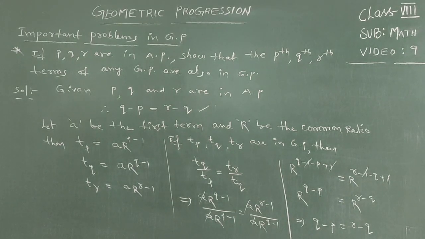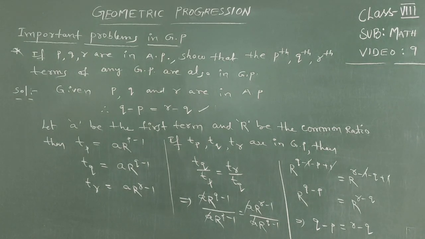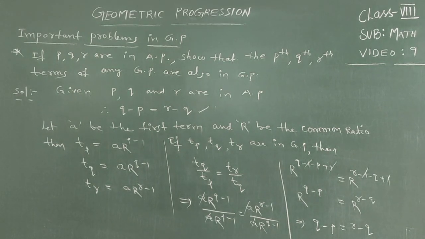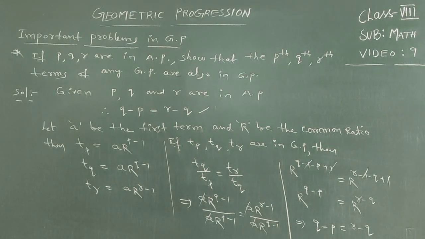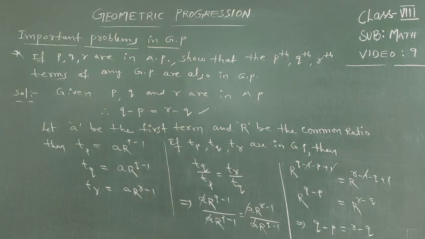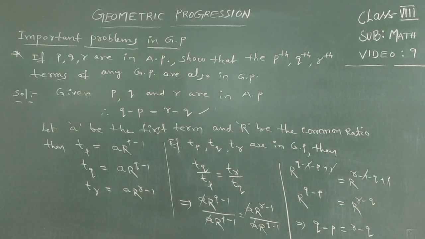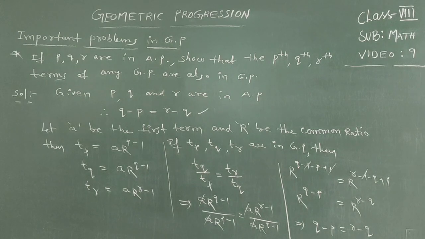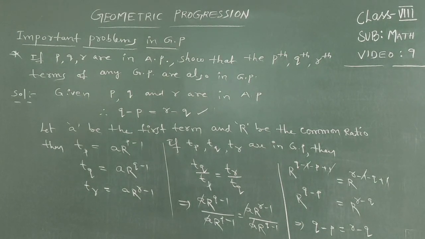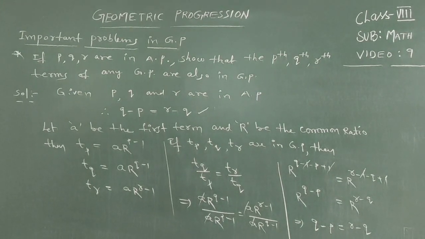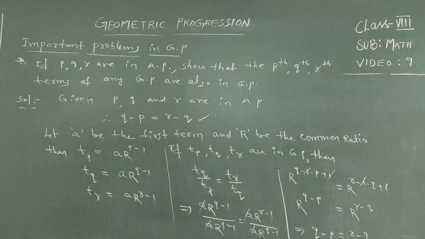They gave P, Q, R are in AP, then show that Pth, Qth, Rth terms of any GP are also in GP. Given P, Q, R in AP, then Q minus P equal to R minus Q. Let A be the first term and R be the common ratio, then Pth term, Qth term and Rth terms I wrote.